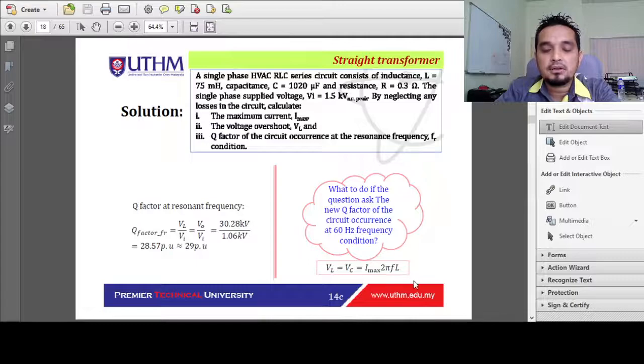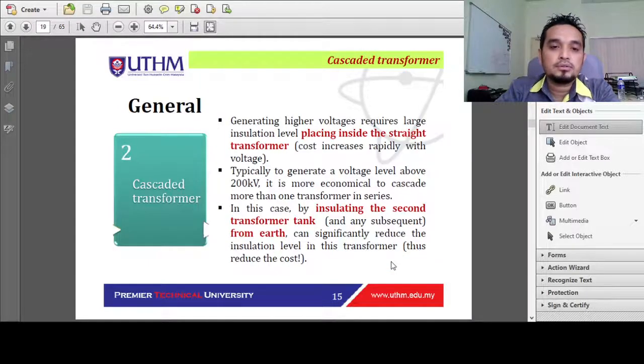We need to remember or use this formula, with Imax the maximum current at the resonant frequency. So if we change the parameter, you should be able to manipulate the formula to calculate.